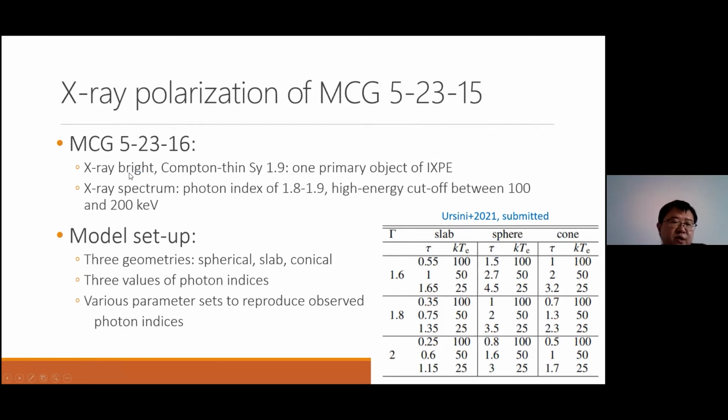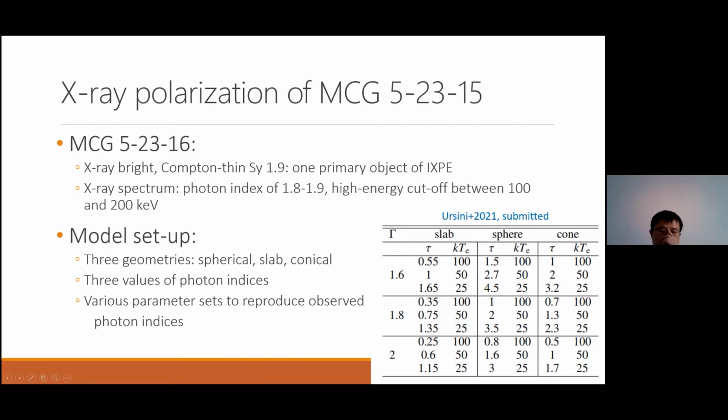Because it's X-ray bright and Compton thin, and it's one primary object of IXPE. The observed X-ray spectrum showed that it has a photon index of 1.8 to 1.9, and an energy cutoff between 100 and 200 keV.